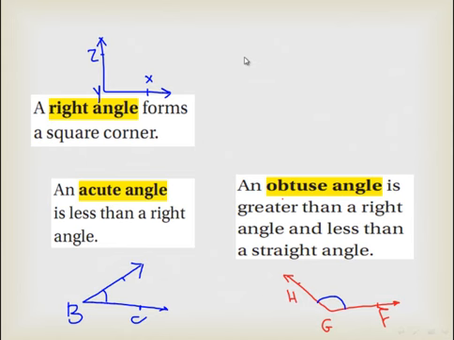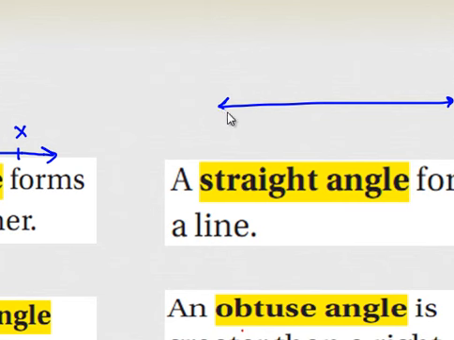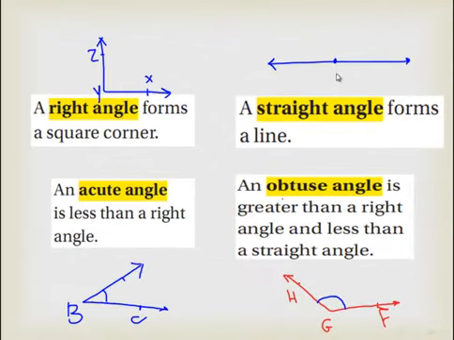Okay, the sixth definition is a straight angle. It forms a line, and this is a straight angle. Only one line, and you should name it. Start from the middle.